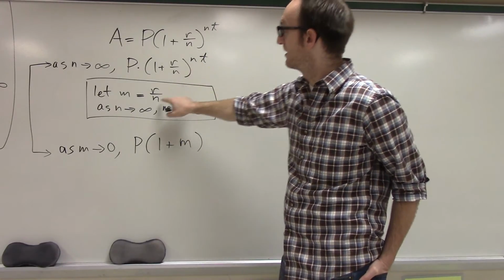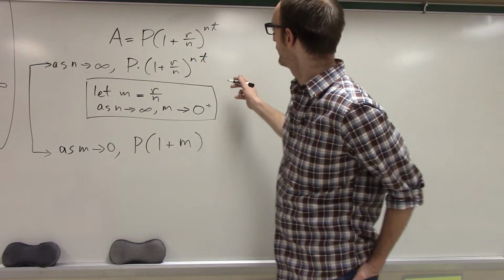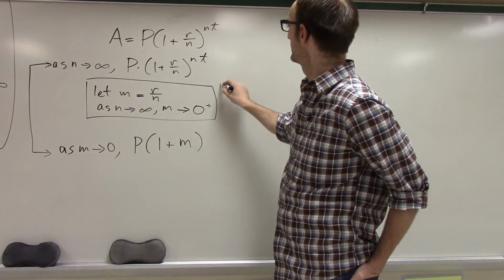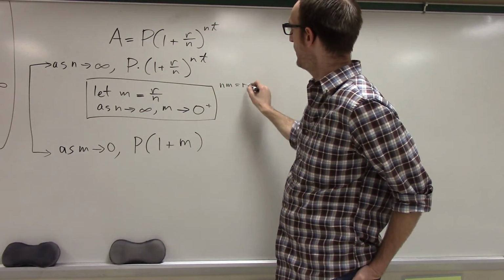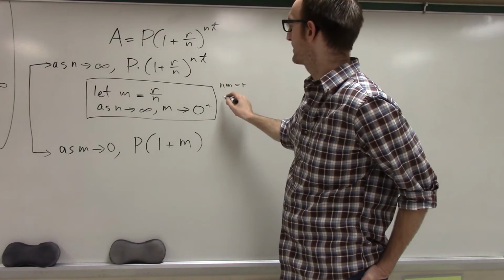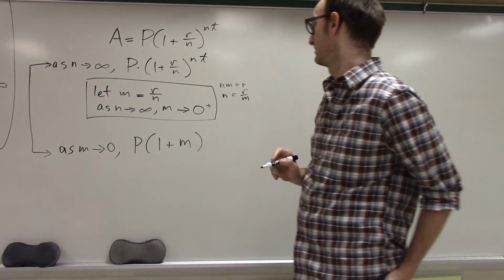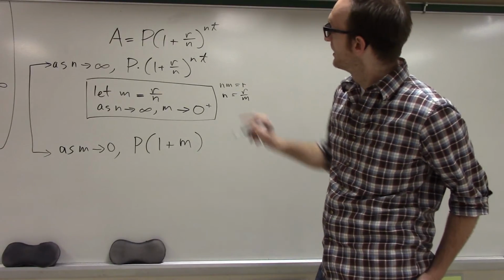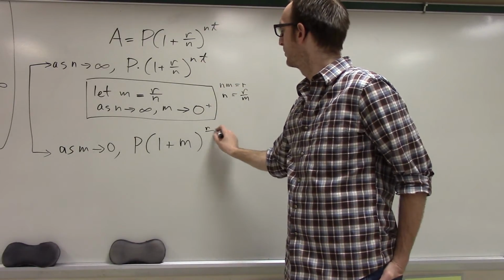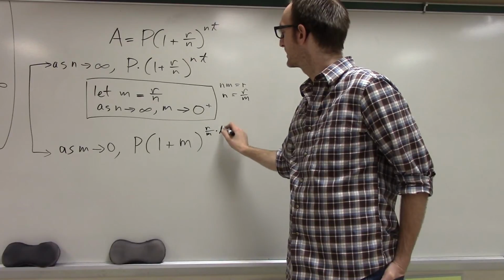What is n? If m is r over n, then nm is r, and that means n itself is r over m. So over here I'm going to write r over m times t.